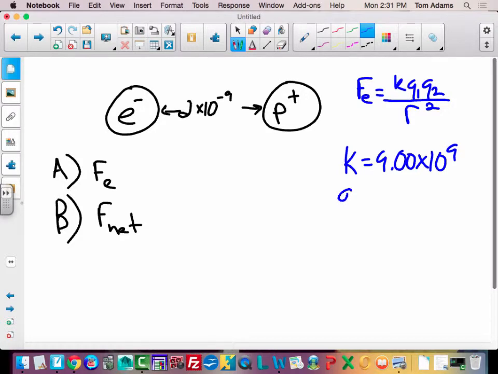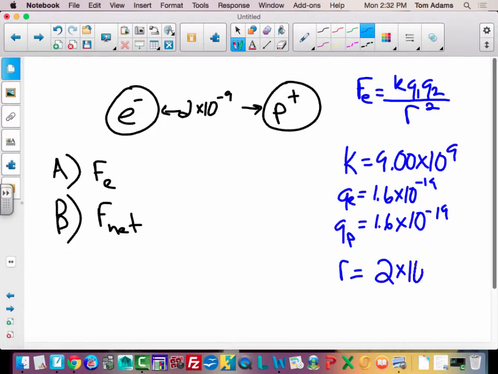The charge of the electron is equal to 1.6 times 10 to the negative 19. The charge of a proton is equal to 1.6 times 10 to the 19. And then the distance between the two is 2 nanometers, or 2 times 10 to the negative 9 meters.